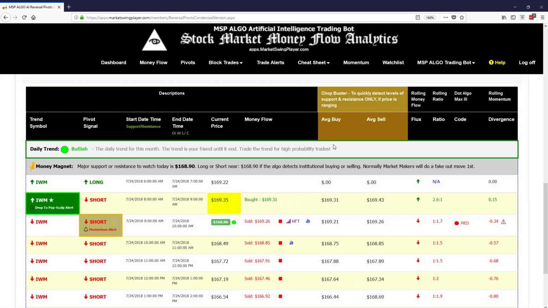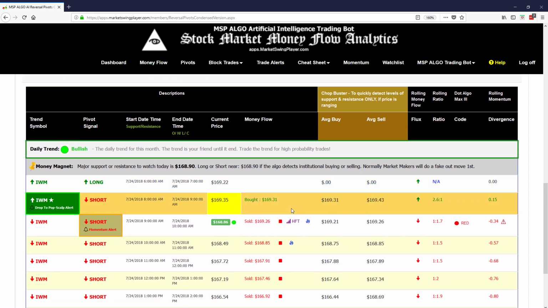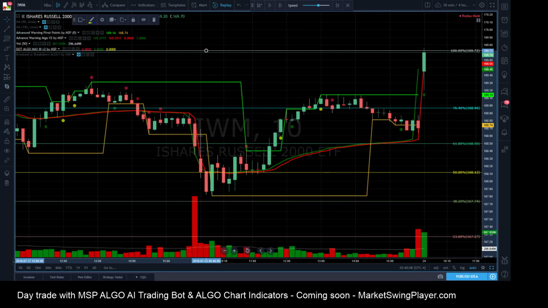So I want to trade IWM today. So before the market open, I want to see what's going on, because I looked at my chart and I noticed that IWM was bullish and gapped up.